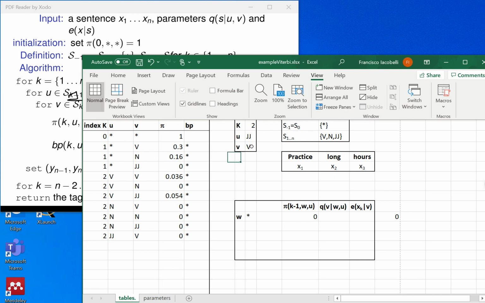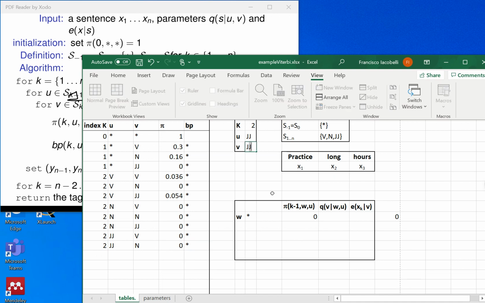Now this iterates over N, right? So now I'm looking at the entry 2 JJ N, and W is still looping through just the star. I need pi of 1 star JJ, and 1 star JJ is 0. So this thing is also 0 with a star.